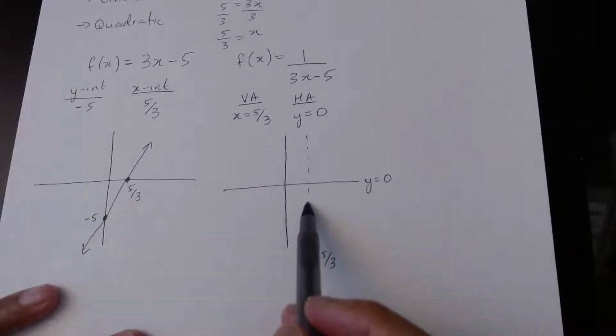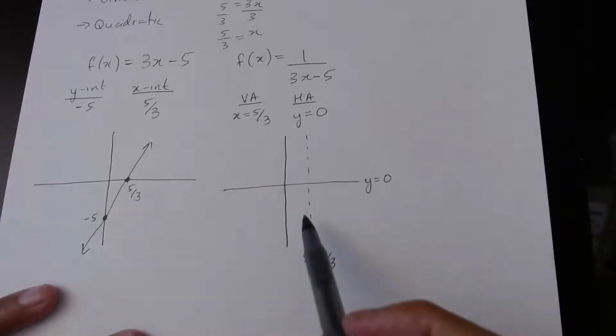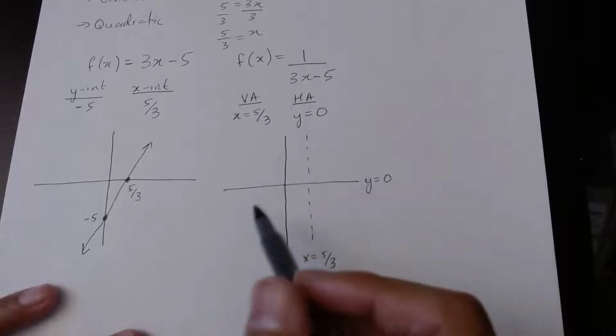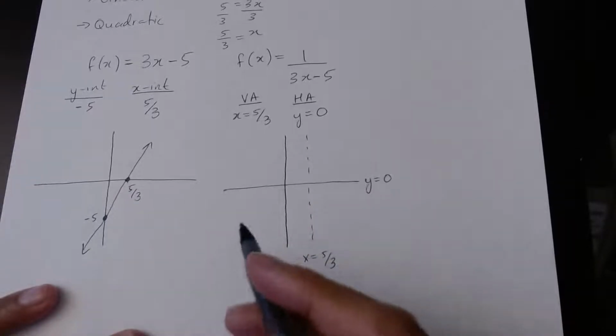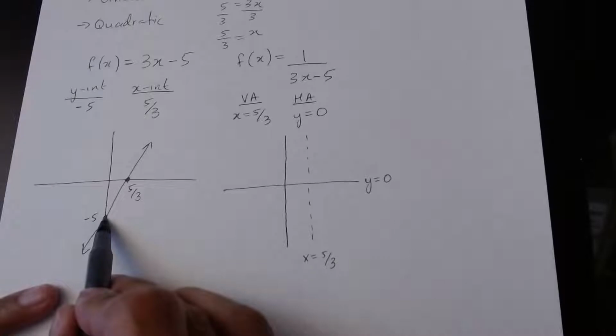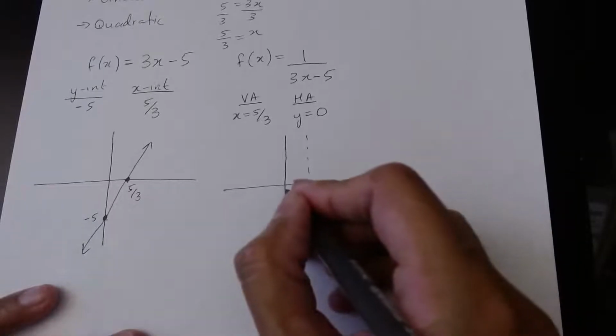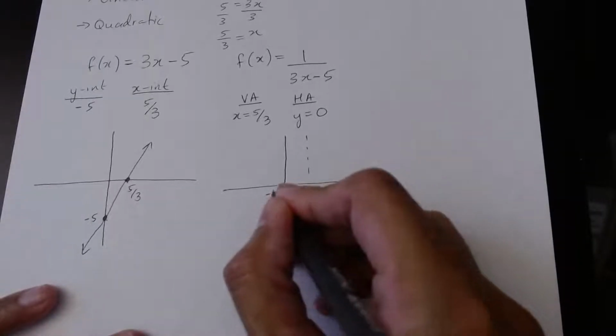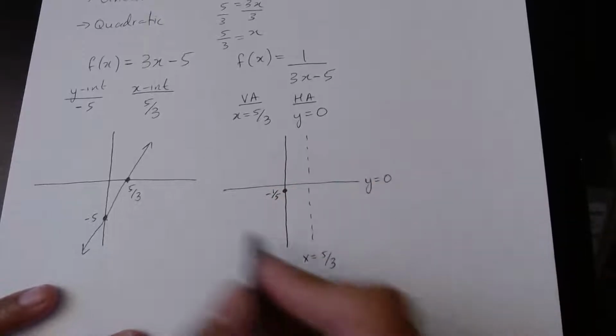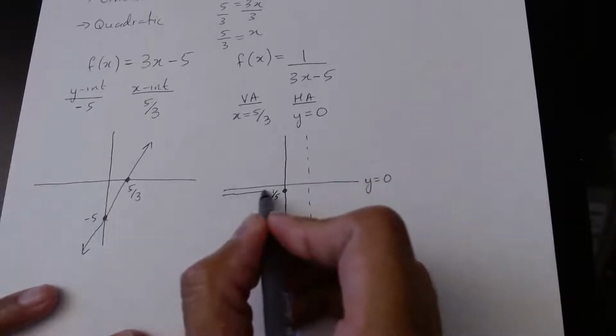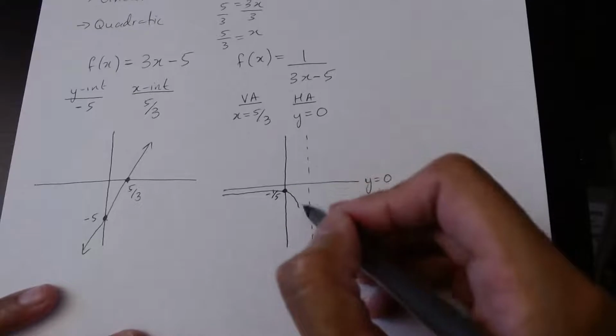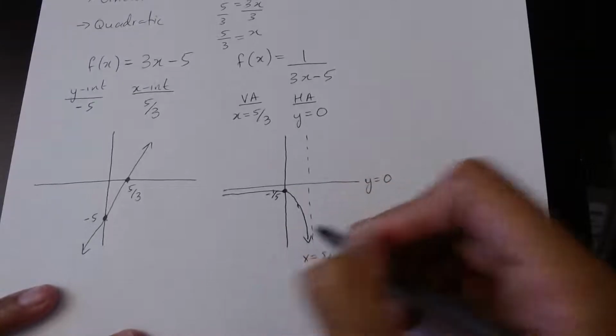So on the left side of this asymptote, it's also going to be below the x-axis. The reciprocal is on the same side as the original function. And if this point is -5, the reciprocal is -1/5. You just flip it.